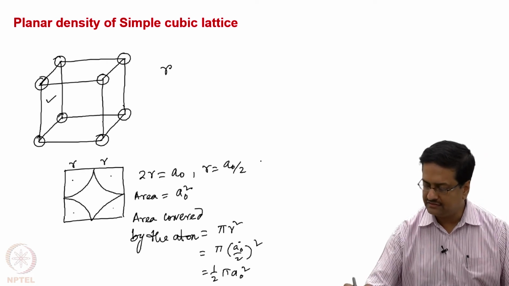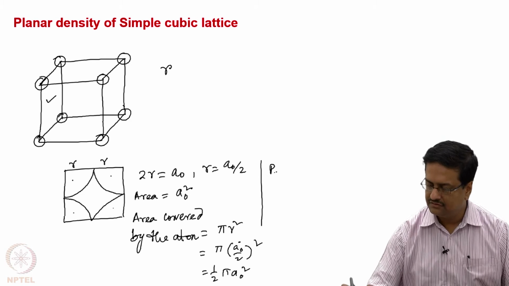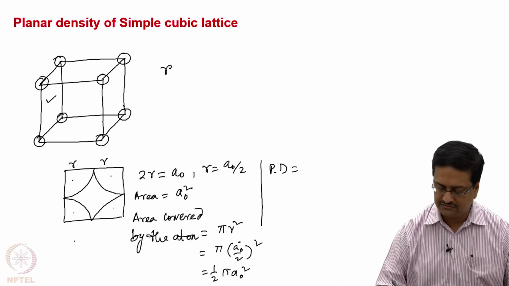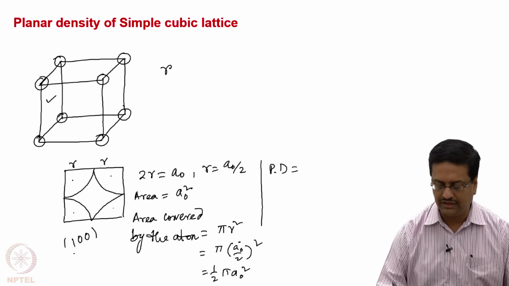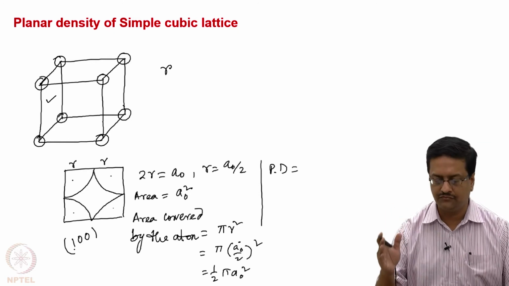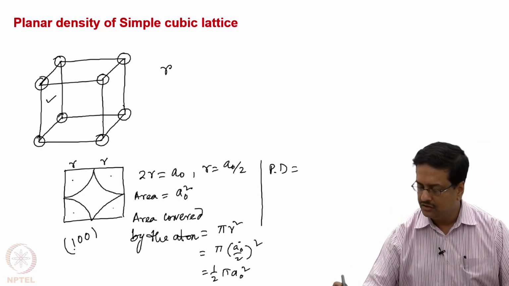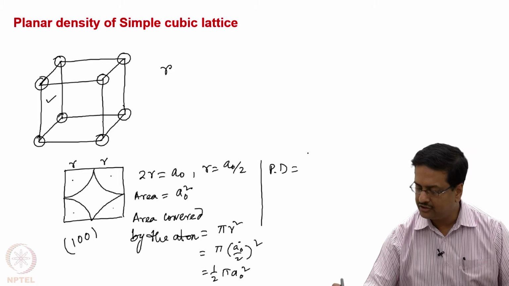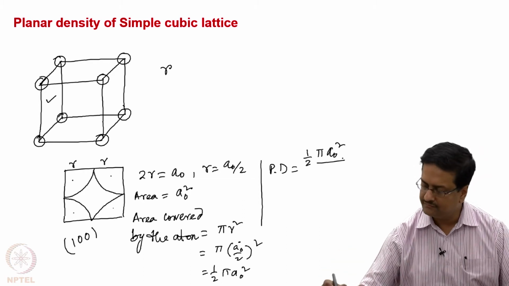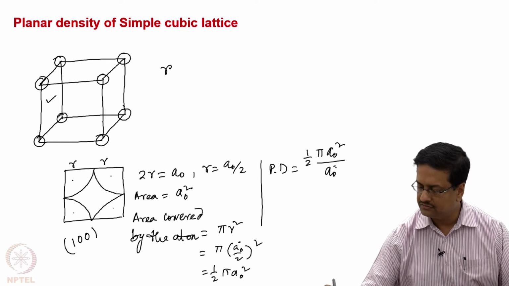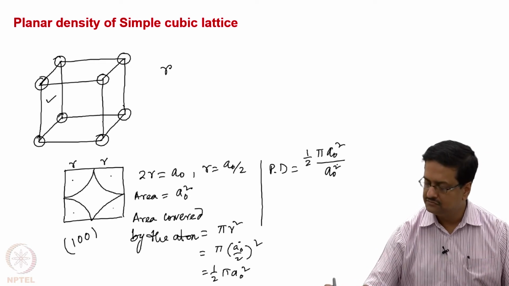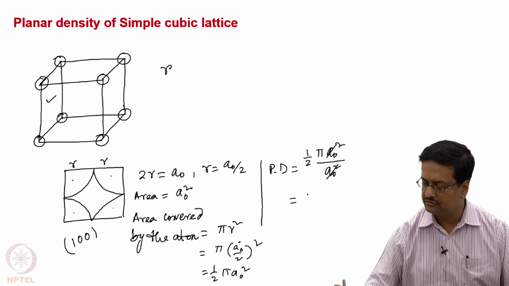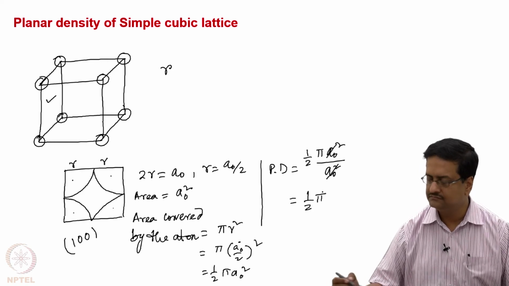So the planar density for this 1, 0, 0 set of planes, which are the faces, would be the area covered by the atoms, pi a0 square by 4, divided by a0 square. So this is nothing but equal to pi by 4.